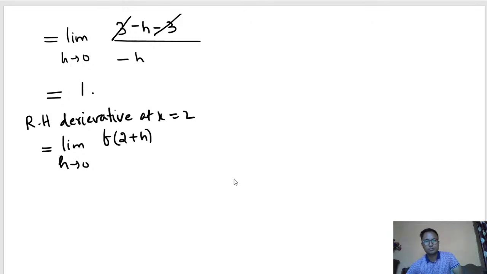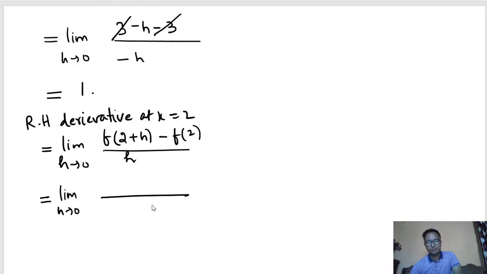Okay, f of 2 plus h minus f of 2, divided by h. So the limit as h tends to 0 of modulus of h, 2 plus h, 2 plus h.